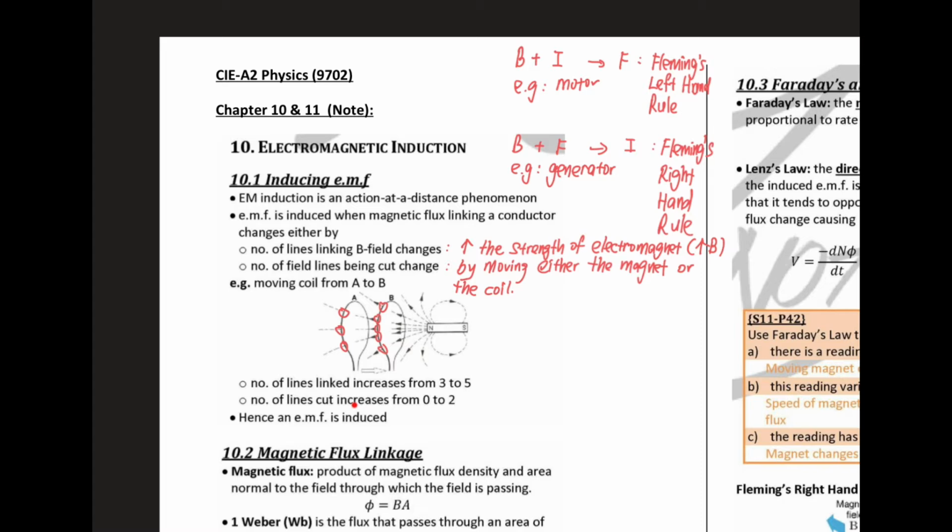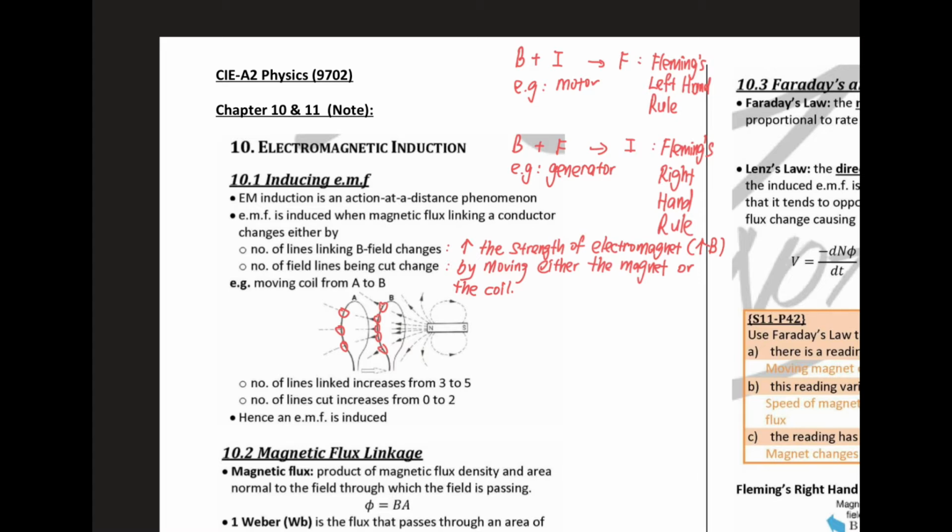Number of lines cut increases from 0 to 2. This is an increase of 2 units. Hence, an EMF is induced. So there must be a change in the lines cut.